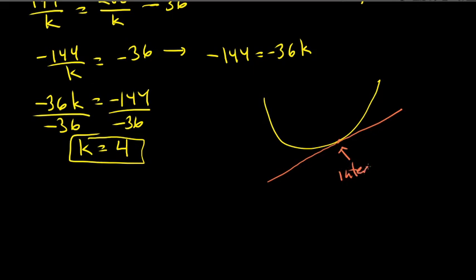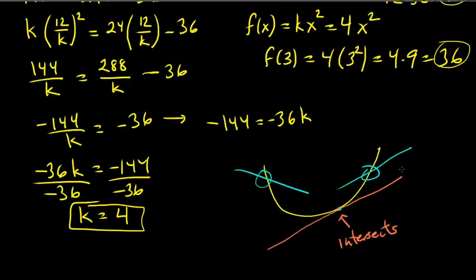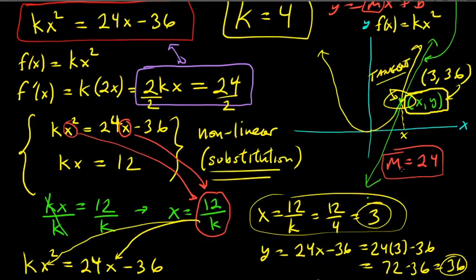It intersects it, but it doesn't really cross it. Because when you think of a line crossing a graph, you think of something like this, or like this. But a tangent line intersects the graph. It does touch the graph, but it doesn't go through it. It doesn't cross it.